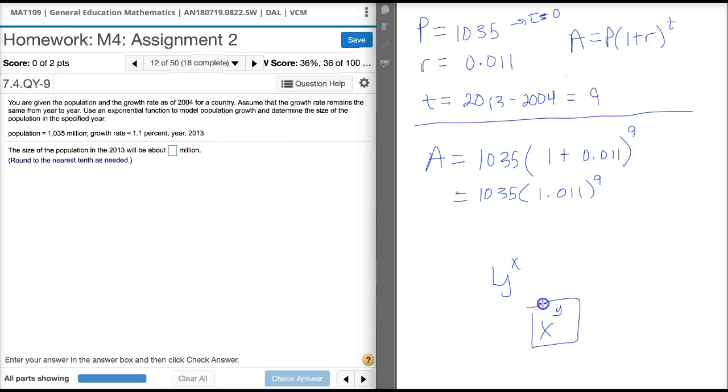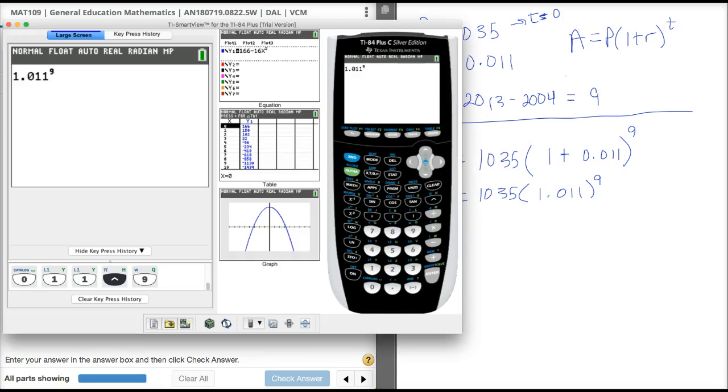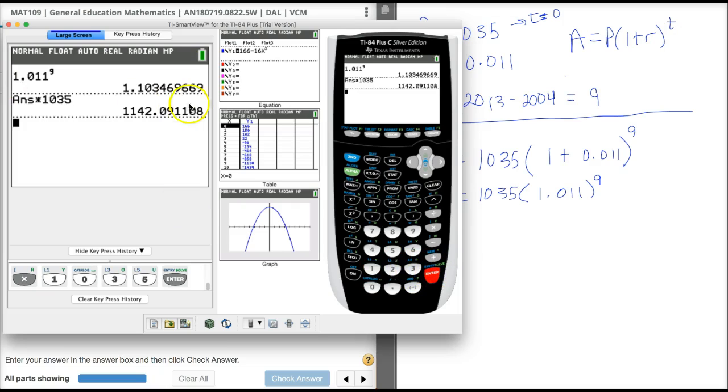So I'm going to get rid of this and we're going to finish this now. Once we're here, we'll go ahead and enter this answer. So we get this amount, and that's what 1.011 raised to 9 is. Then we just multiply that by 1,035, and we see that we ended up getting the same thing.